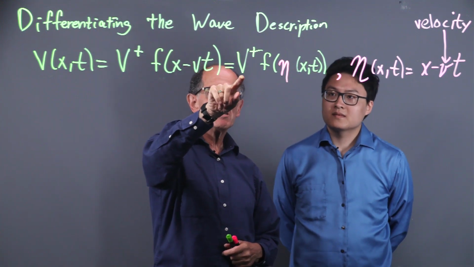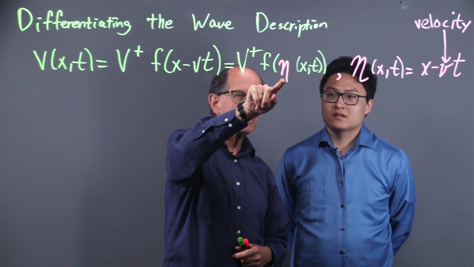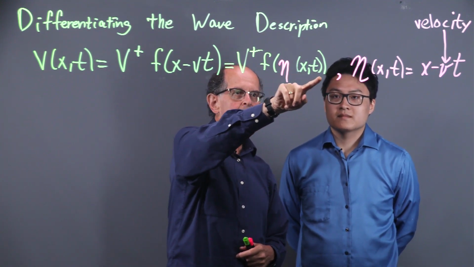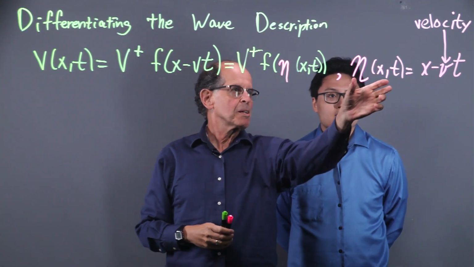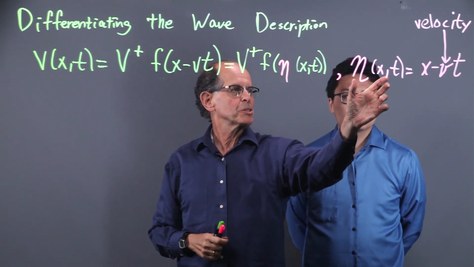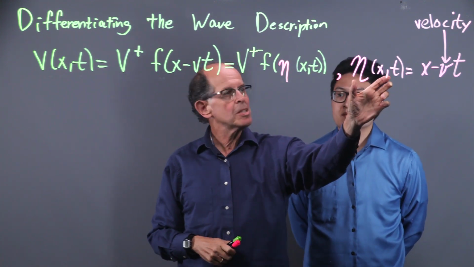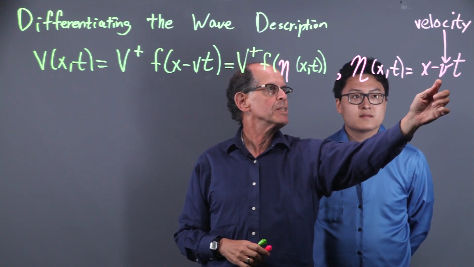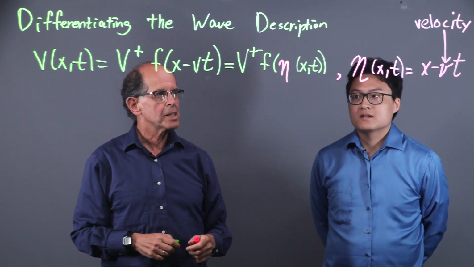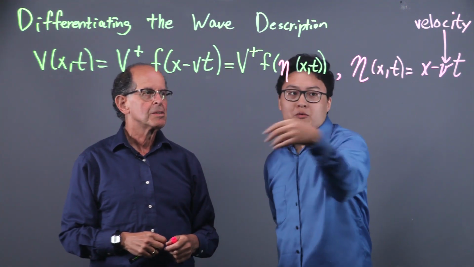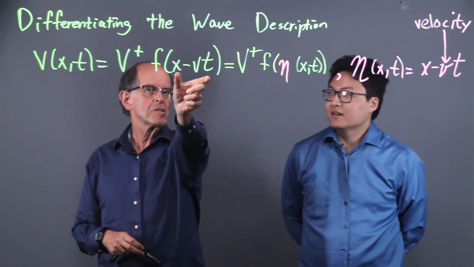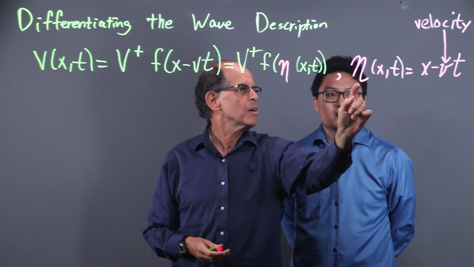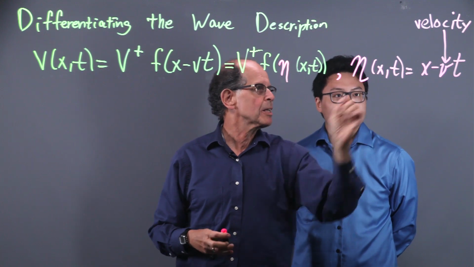I have V plus f, and this function eta in pink is a function of x and t. I've just combined this into this function eta. So eta of x and t is a really simple function. It's x minus vt, and v is the velocity of the wave. So you've just replaced the two variables with one variable called eta, which depends on x and t.